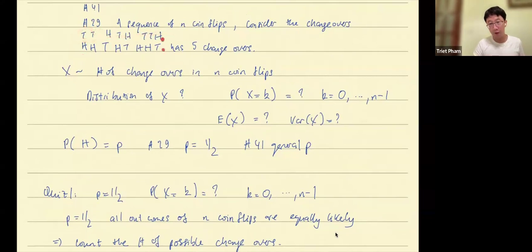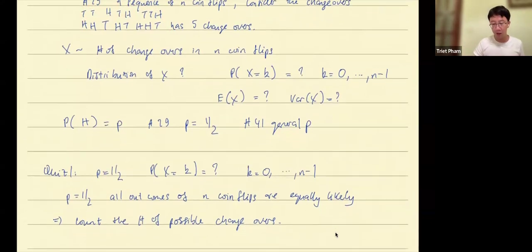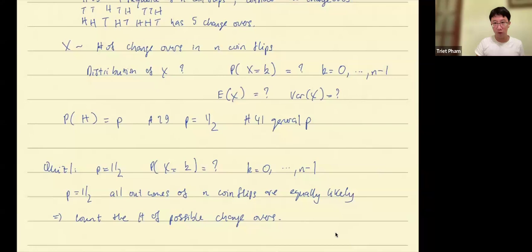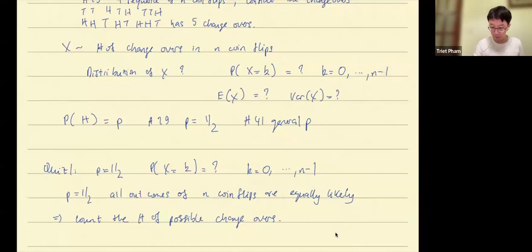On the other hand, both of these have 5 changeovers. So that makes it more difficult to deal with this question when P is not equal to 1/2. But when P equals 1/2, this sequence and this sequence have the same probability. They're both equally likely. So we just count the number of possible changeovers.